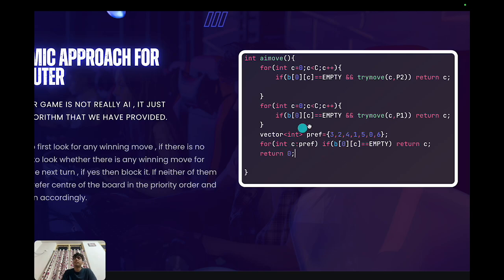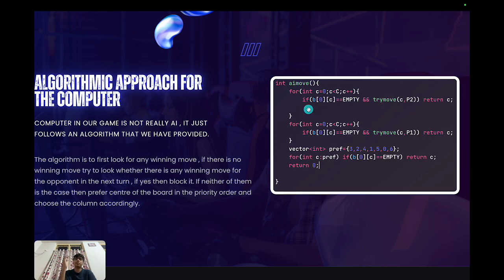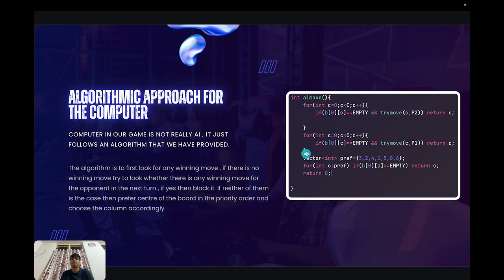So we'll check this preference order, and if a column is not totally filled, then the computer will play in that column. So basically it is the priority order. Look for the winning move; if there is no winning move, then look for blocking the opponent's winning move; and if that is also not the case, then prefer a center position and play in a center-preferable column, right?